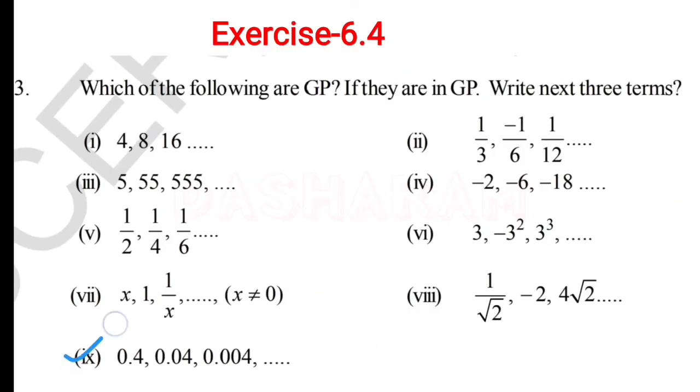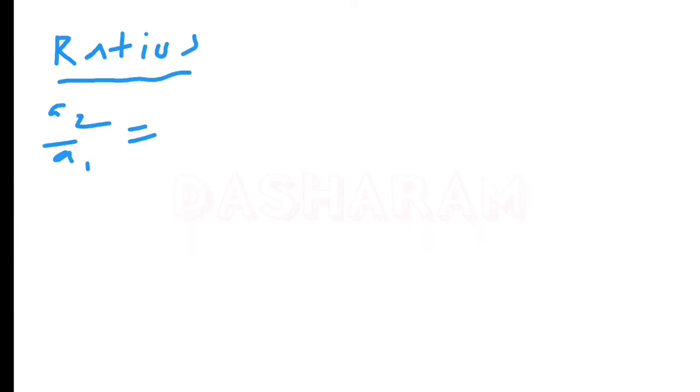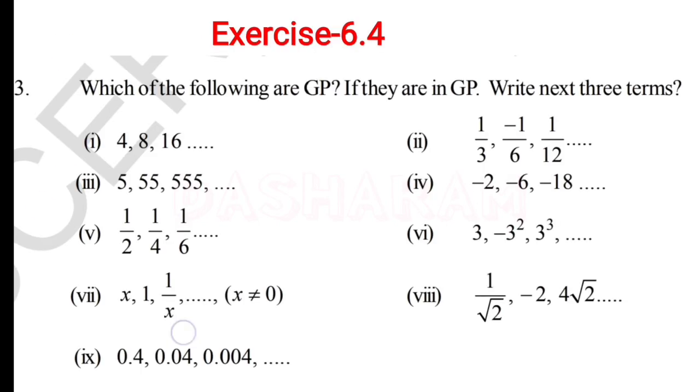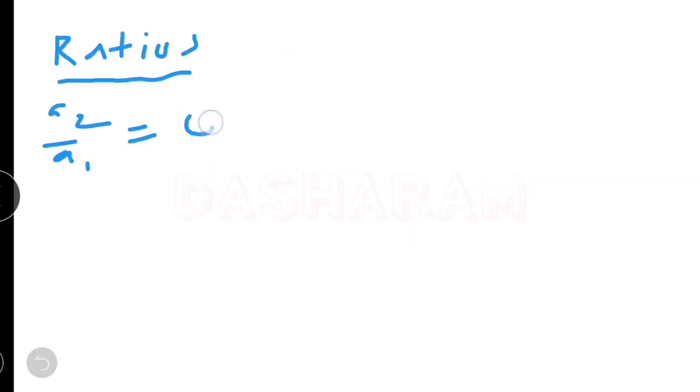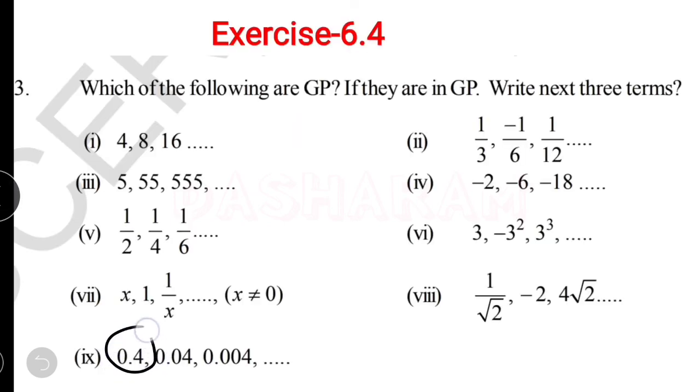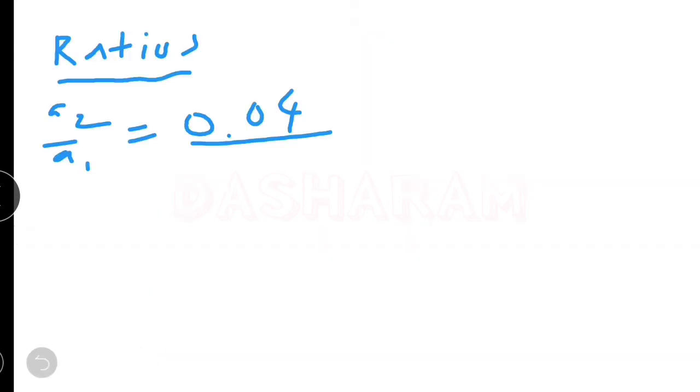Next, the last question, the ninth one: 0.4, 0.04, 0.004 and so on. First ratio, A2 by A1. The A2 value is 0.04, divided by the A1 value, 0.4.